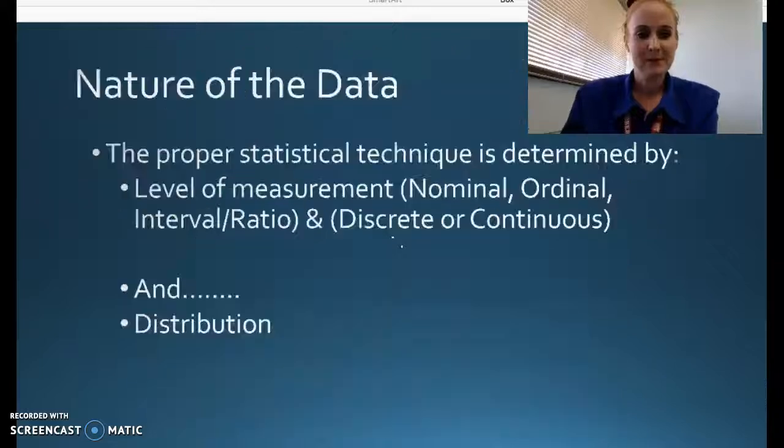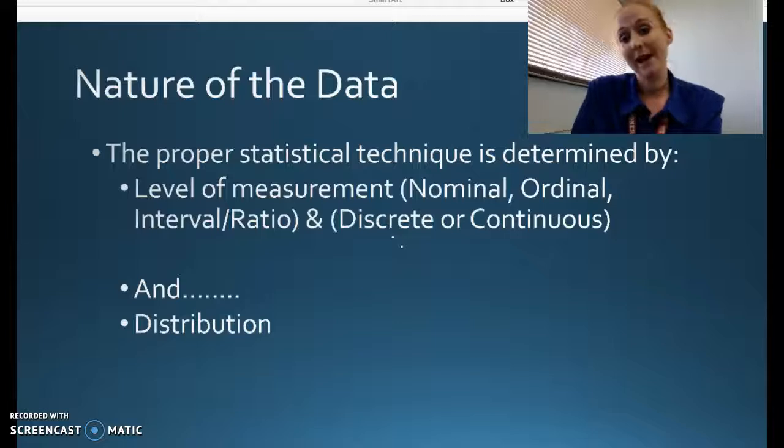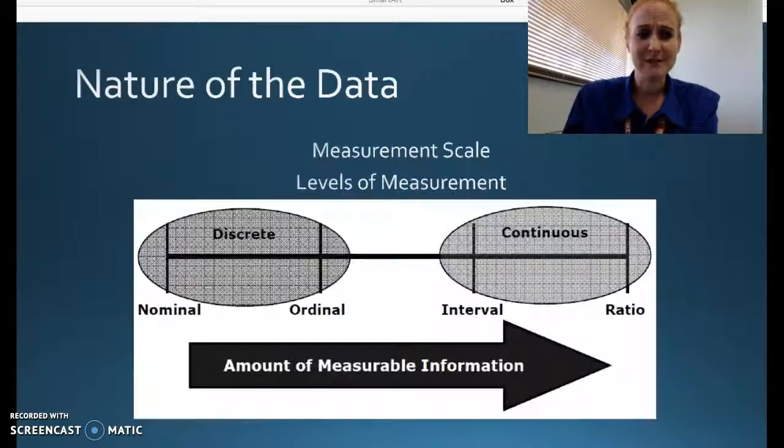Okay, so the proper statistical technique is determined by level of measurement, nominal or ordinal, interval or ratio, and whether it's discrete or continuous, how it's distributed. And it's also important to look at the distribution. Let's go back one slide for just a moment so I can mention something. A nominal or ordinal variable might be a yes-no question.